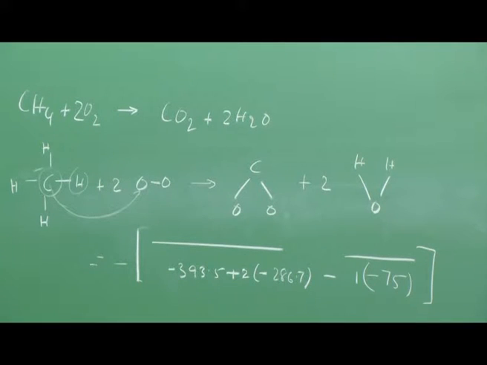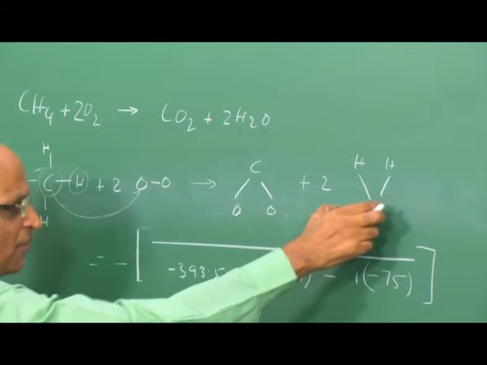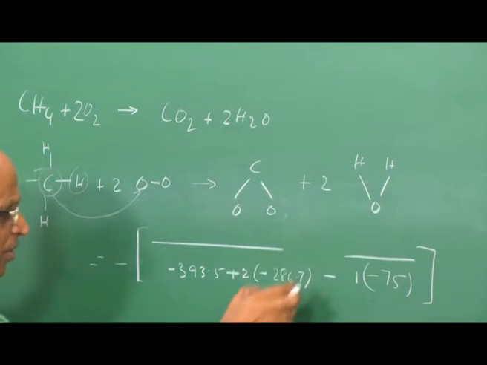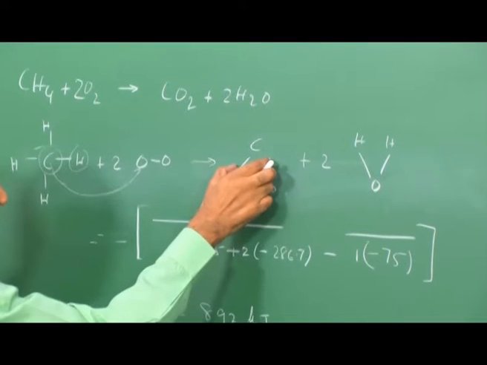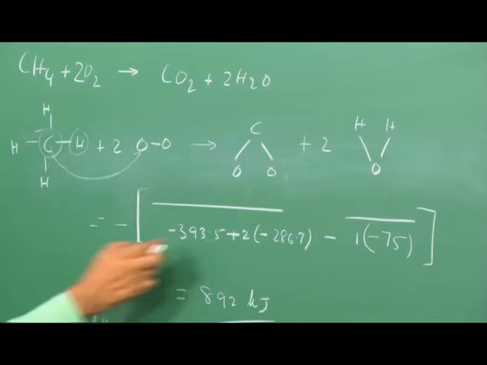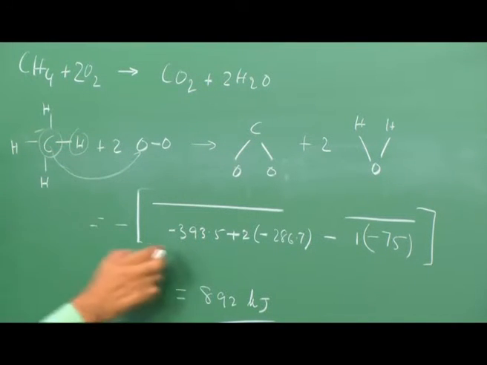But when I looked at the heat of formation, all I said is that this is the final structure, and for this final structure this is the heat of formation; for the final structure of CO2 this is the heat of formation; for the initial structure this is the heat of formation, and I could get this.